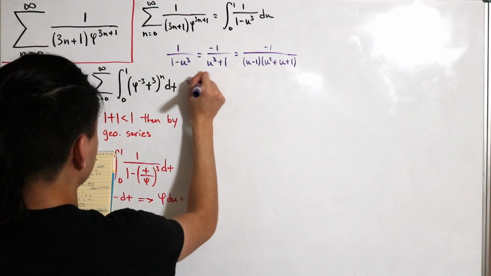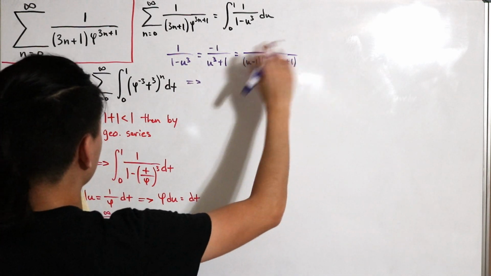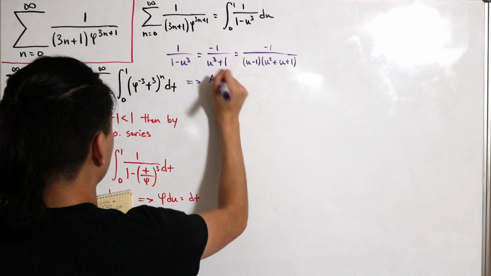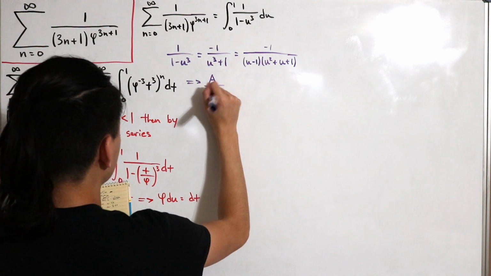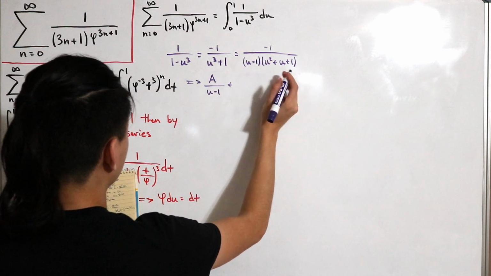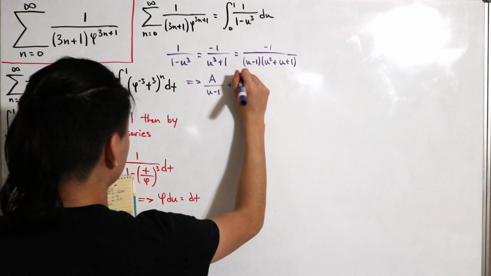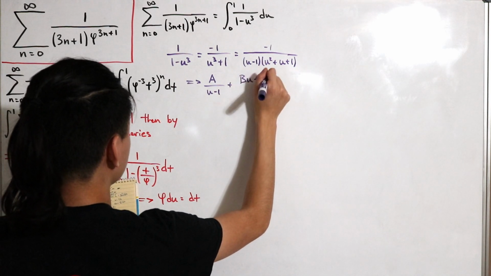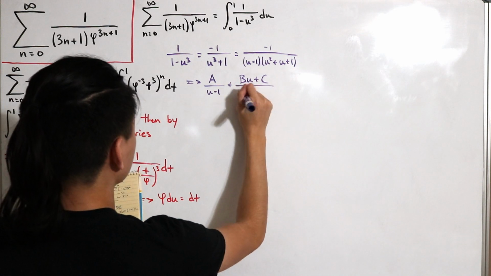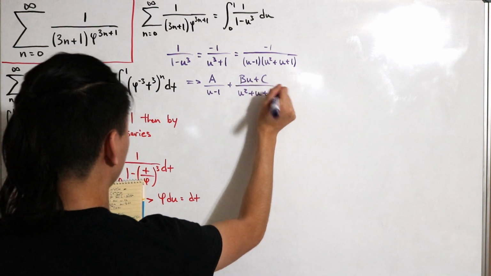The decomposition has the numerators in the form A divided by u minus 1, added with, since this is a quadratic, a numerator of the form Bu plus C, divided by u squared plus u plus 1.